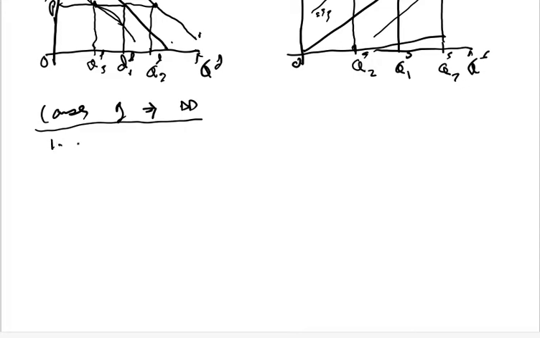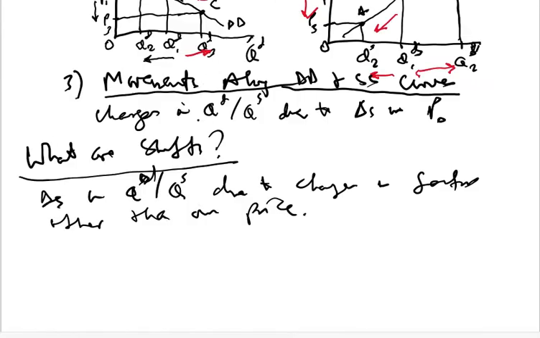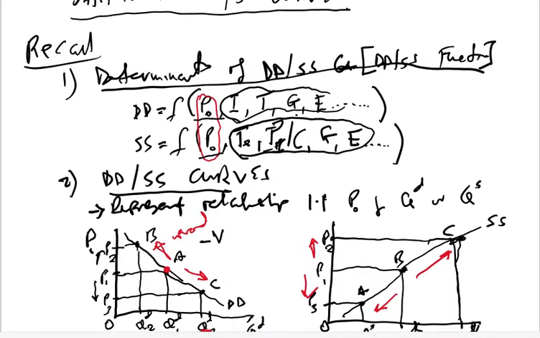One, an increase in the income of consumers. We can talk about an increase in expected price. If people expect the price to increase in future, they will demand now. And we can also talk of government policy.